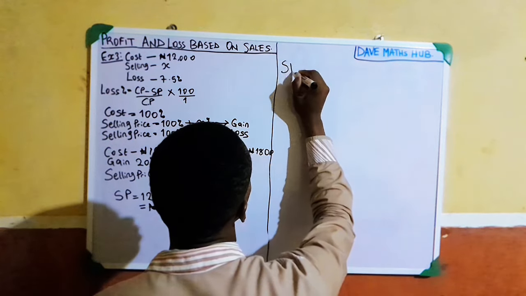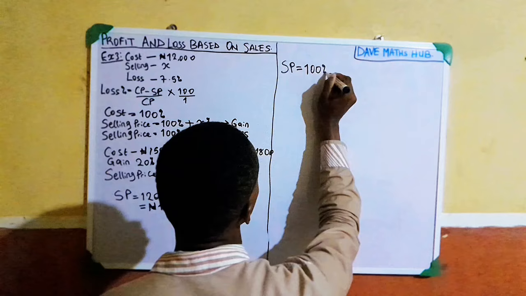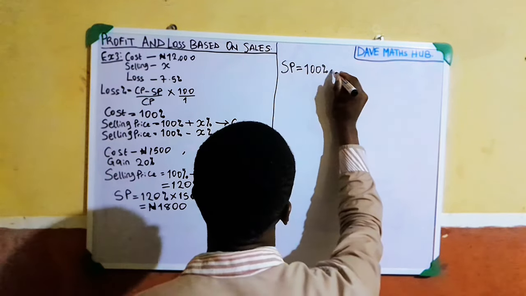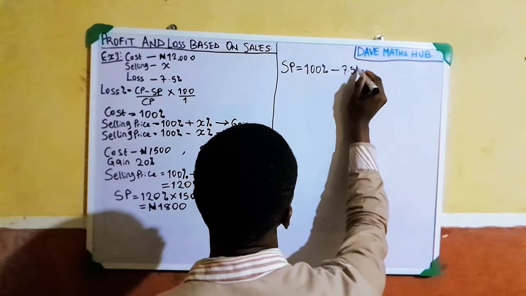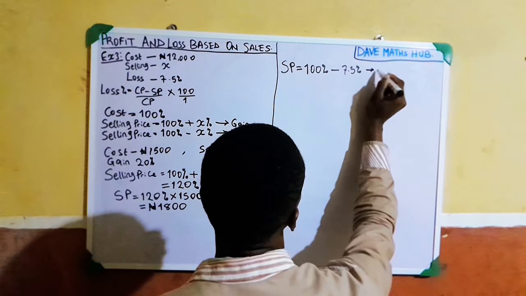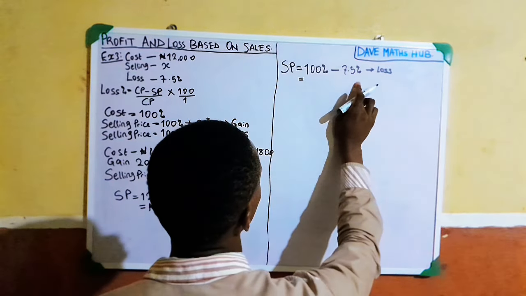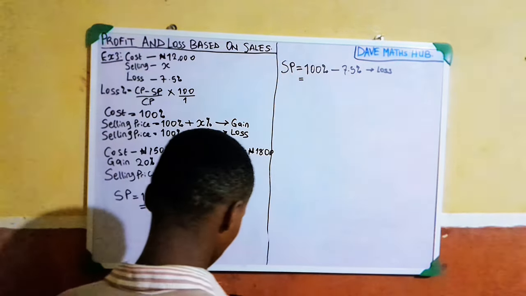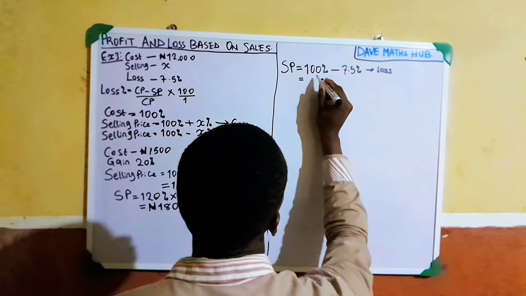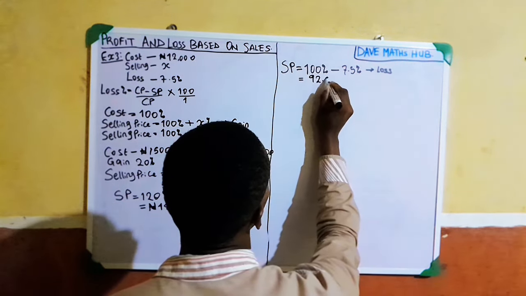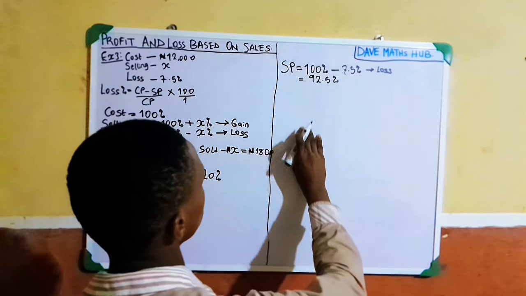To get the selling price percentage now will be 100%, which is the cost, minus, since it's a loss, 7.5% due to it being a loss. So 100% minus 7.5%, 100 minus 7.5 is 92.5%, telling us the item was sold below its cost price.